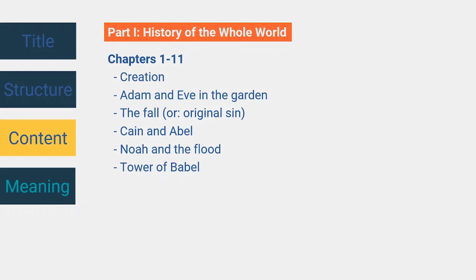Then there is the story of the flood of Noah, and finally the Tower of Babel. In between those stories, you can also find two genealogies and the so-called Table of Nations. This Table of Nations gives us an overview of where the nations surrounding ancient Israel came from, which is kind of like a geography lesson and a history lesson combined.